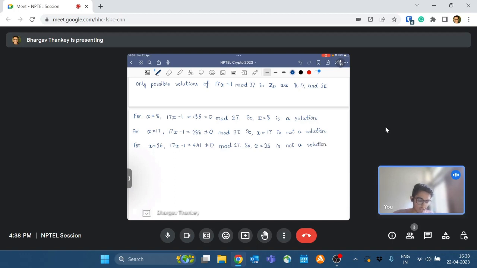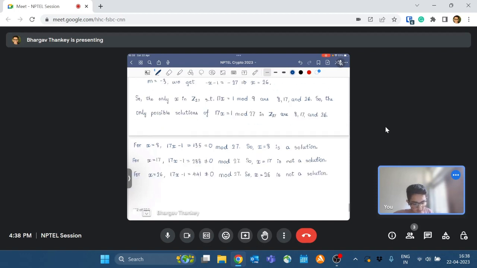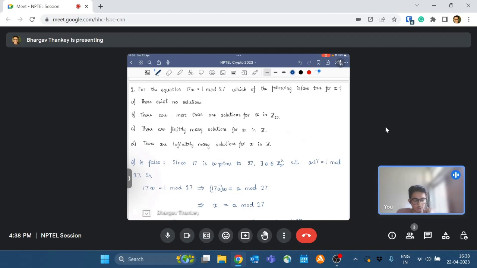So the only solution is 8. So option B is also false. There's only one solution in Z27.